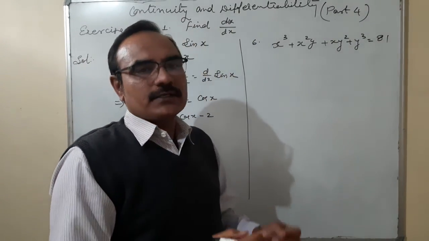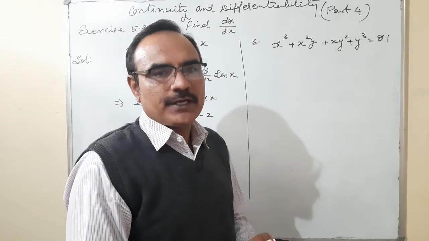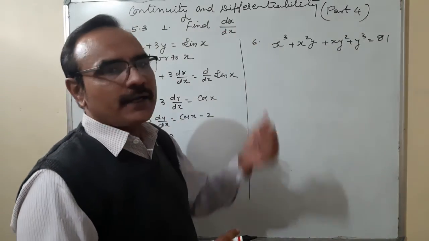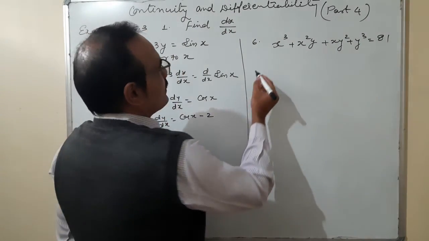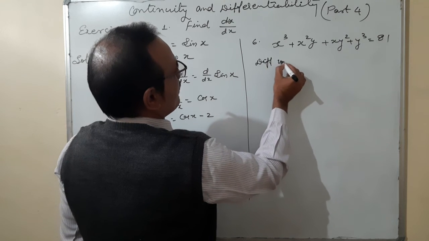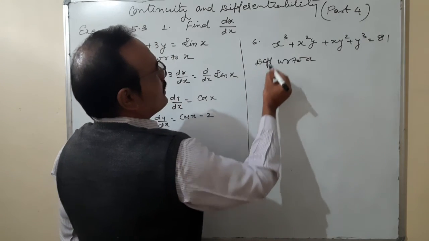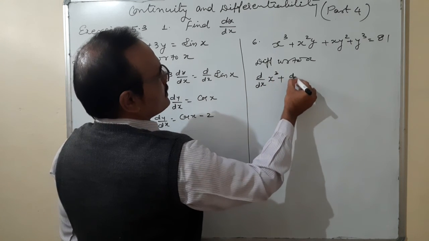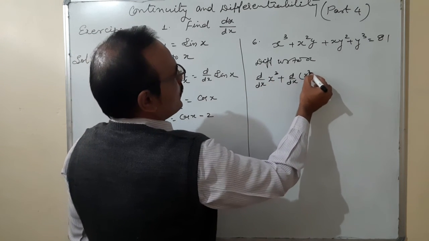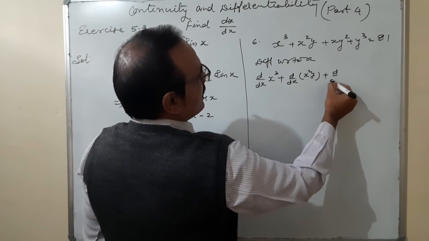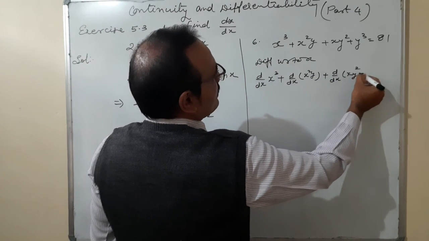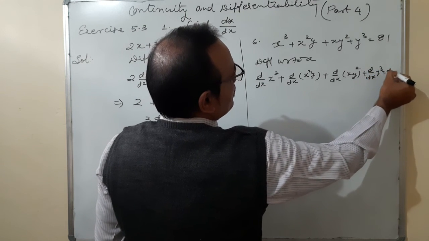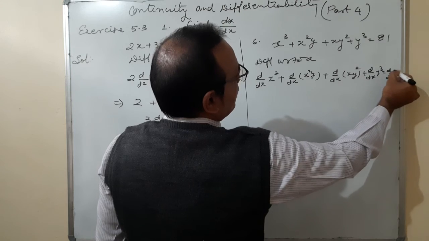Here the separation of x and y is difficult, as it is an implicit function. We simply differentiate with respect to x, because finally we are finding the value of dy by dx. So differentiate with respect to x: d by dx of x cube plus d by dx of x square y plus d by dx of xy square plus d by dx of y cube is equal to d by dx of 81.